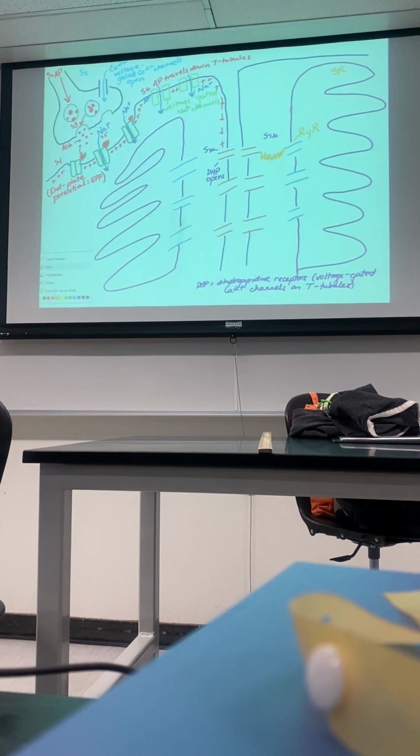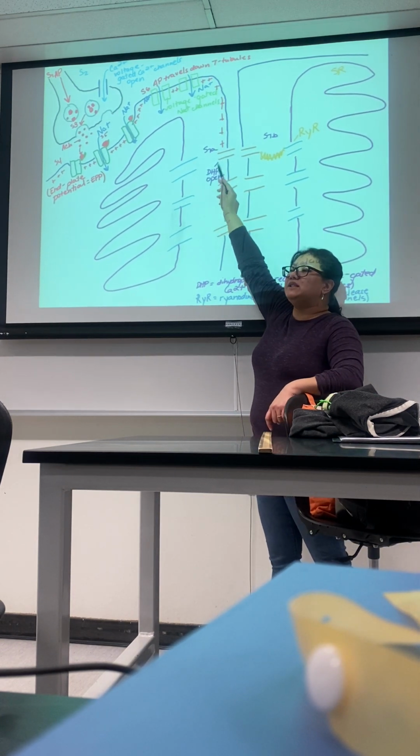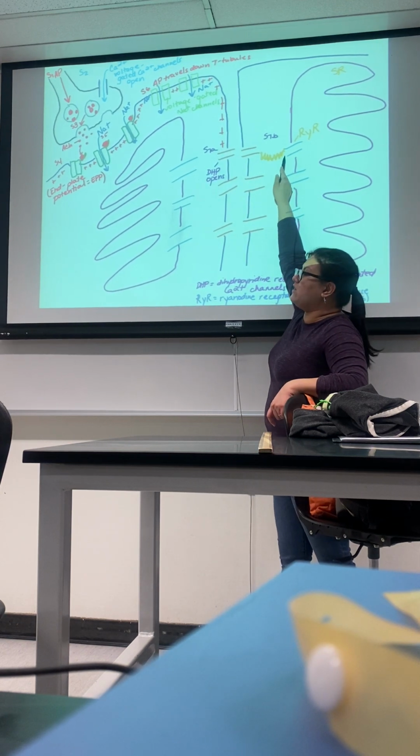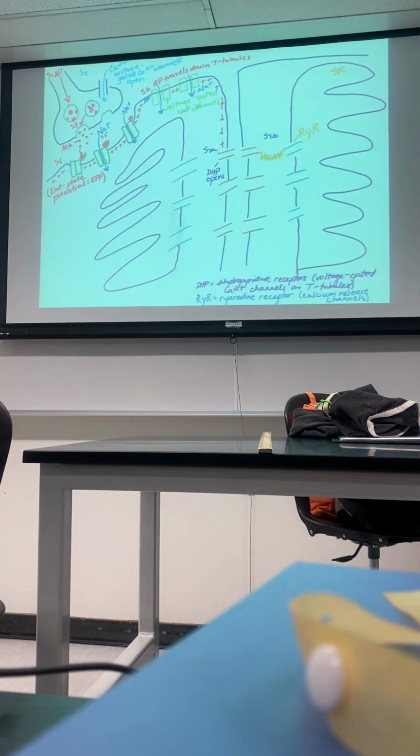And RYR stands for a ryanodine receptor, also known as calcium release channels. Okay. So what happens here is that the action potential causes DHP to open, but DHP is physically tethered to RYR. So when DHP opens, it automatically also opens your RYRs. Everybody here clear?